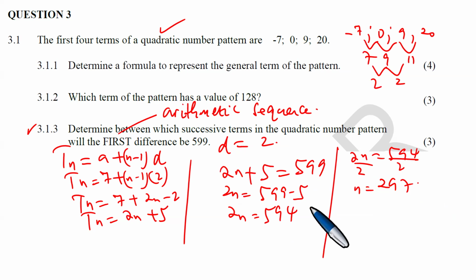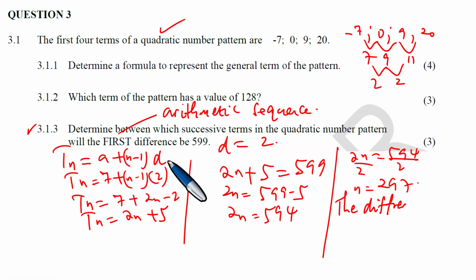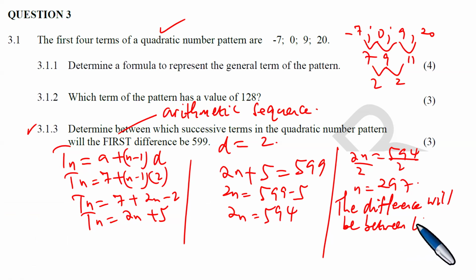The difference will be between term number 297 and 298.